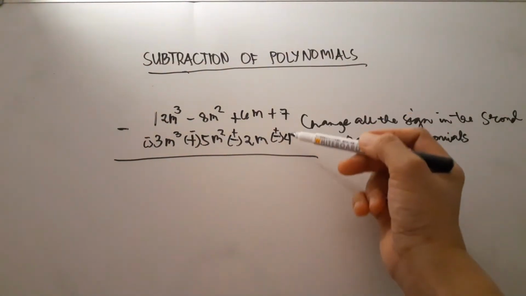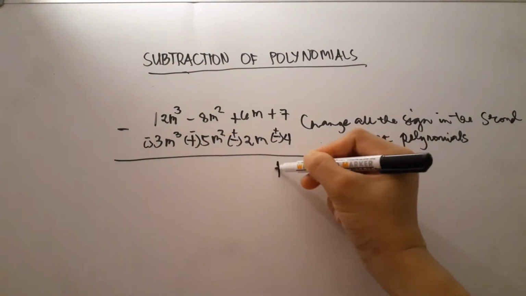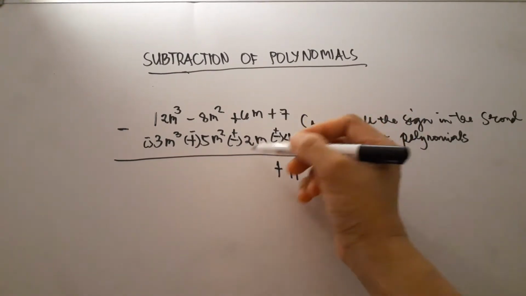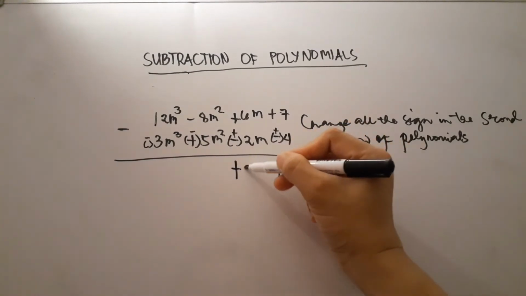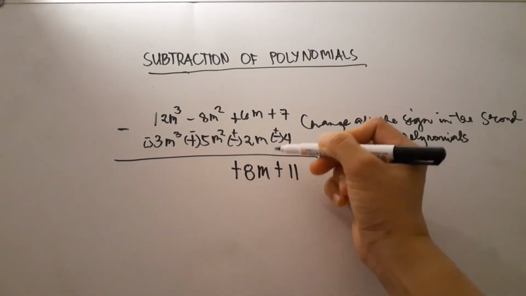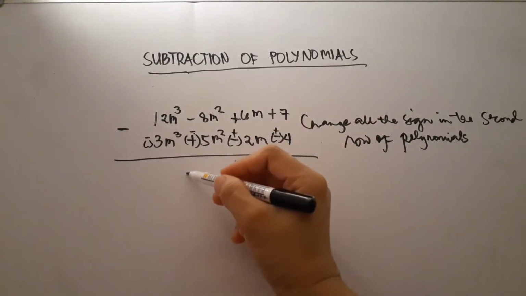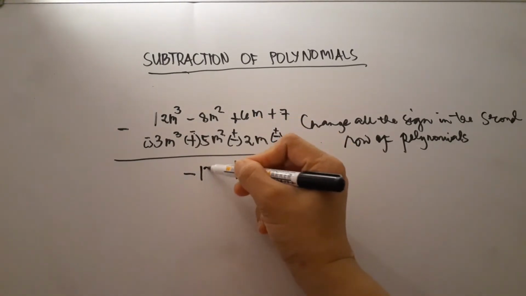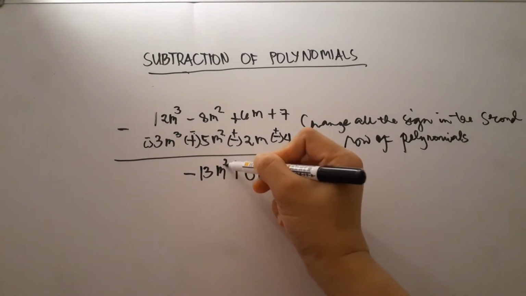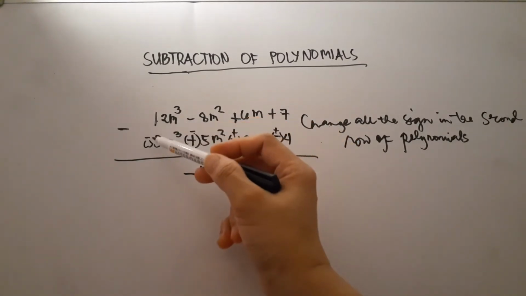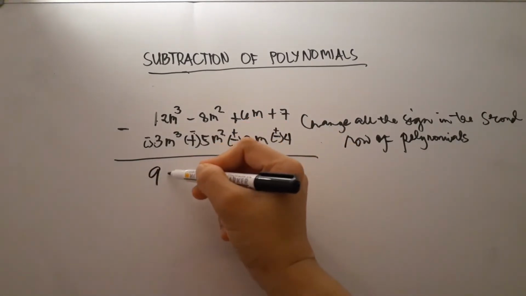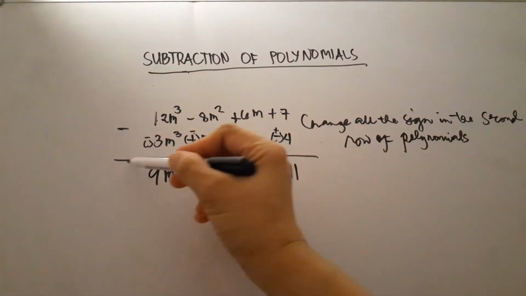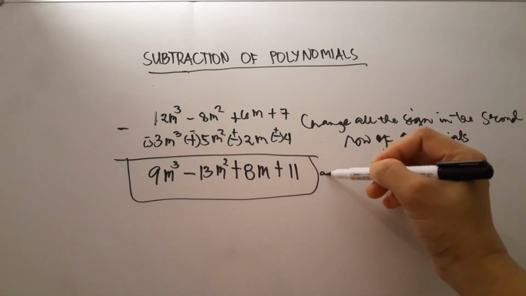So 7 plus 4 becomes positive 11. Positive plus positive. 8m and 5m, since they have the same sign, we can add, which is 13m squared, and this one has the opposite sign, which is subtract. 12 minus 3 becomes 9m cubed, and this is the answer.